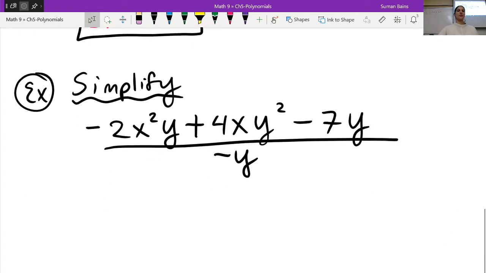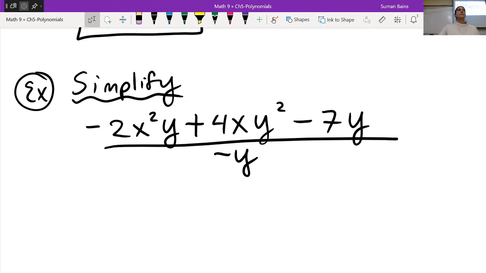I'm going to give you a minute. If you are asked to simplify, what do we get when we simplify something like this?